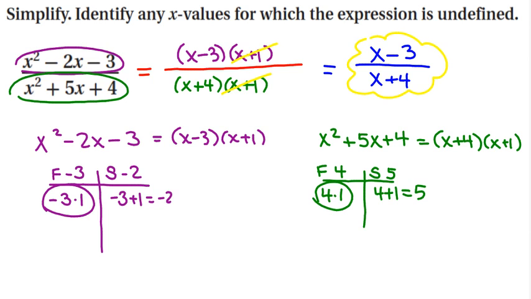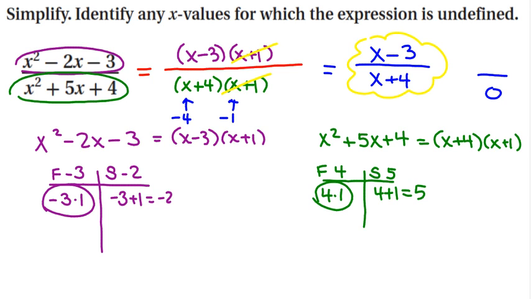All right, now let's go and identify the domain restrictions. The domain restrictions are what type of numbers would not work for x that would make that denominator undefined. So if you think about undefined, it's a number with a 0 in the denominator. So if I look at the denominator and I substitute a negative 4, negative 4 plus 4 is 0, makes that entire denominator 0, which is undefined. There's another number here.